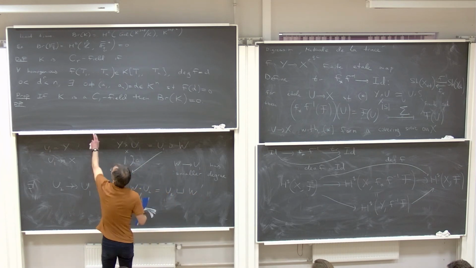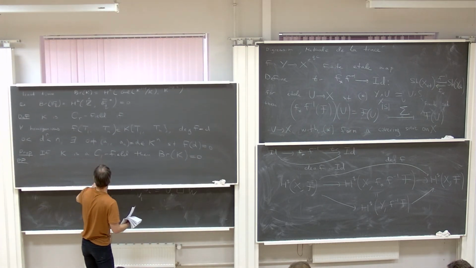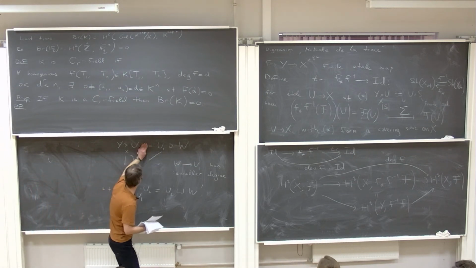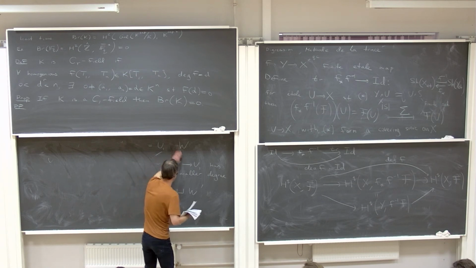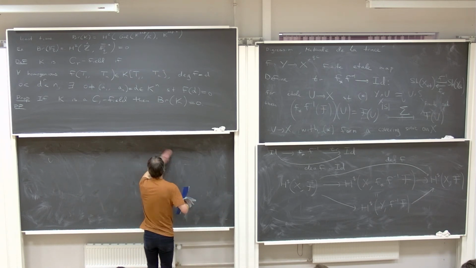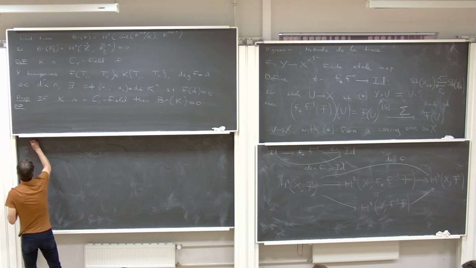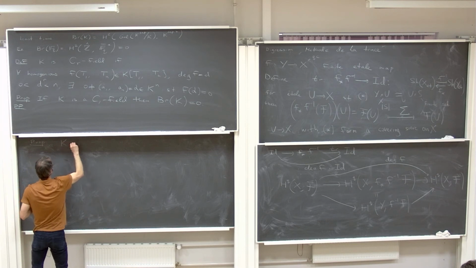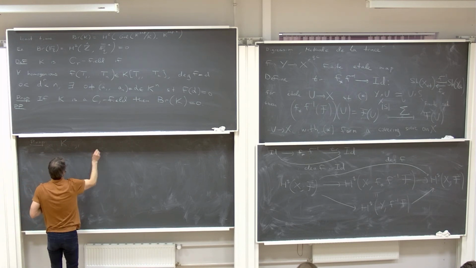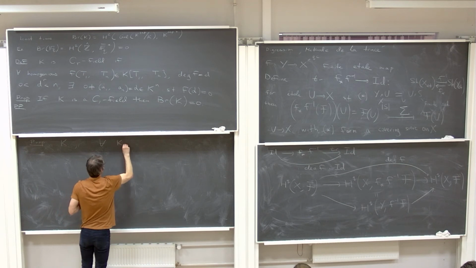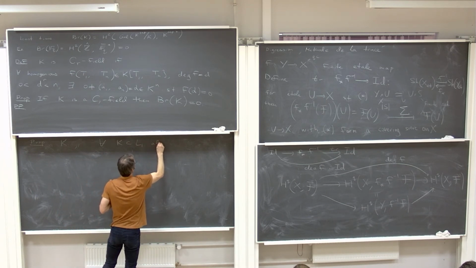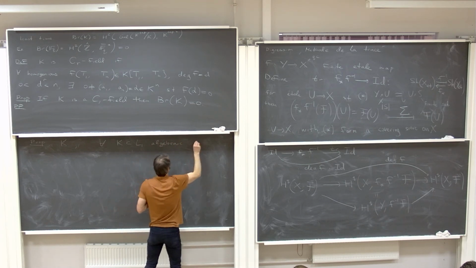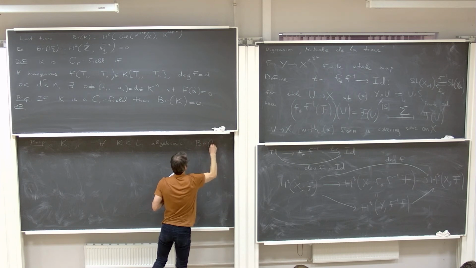So now, with this preparation, let's prove the proposition. I think I erased it, so we'll have to write it again. What we are proving is this: we have K, and for every algebraic extension L the Brauer group of L is 0.